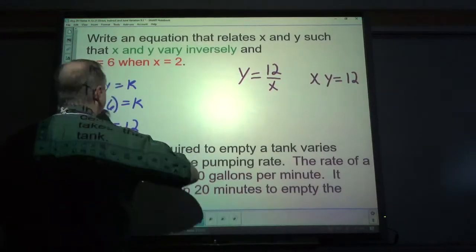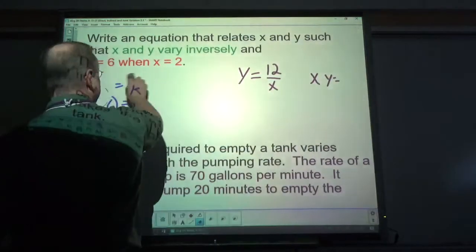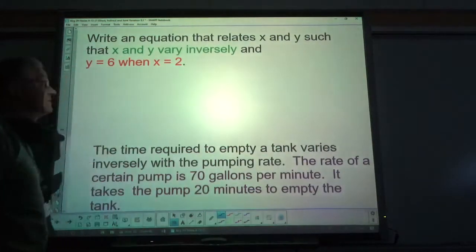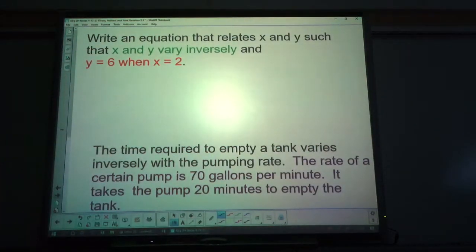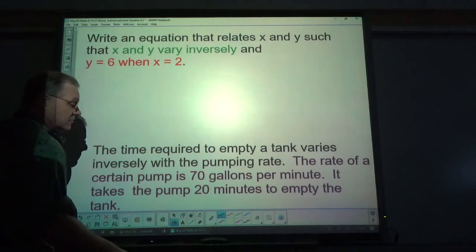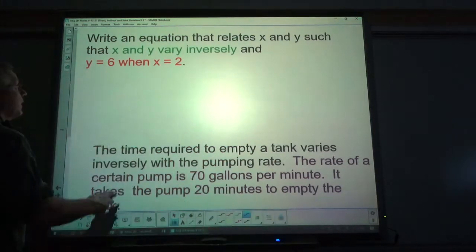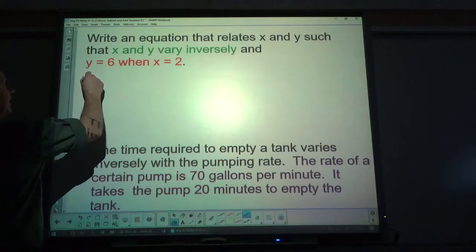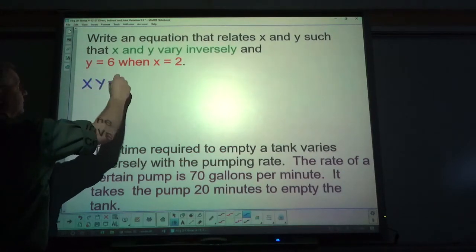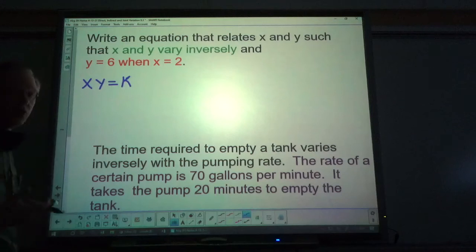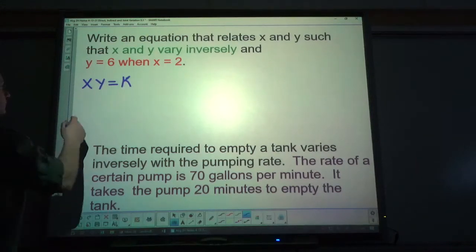So, let me just erase this for a moment. Put that back up in a second. Write an equation that relates x and y such that x and y vary inversely and y equals 6 when x equals 2. Well, we just said that x times y equals k, and we need to know the k value here.